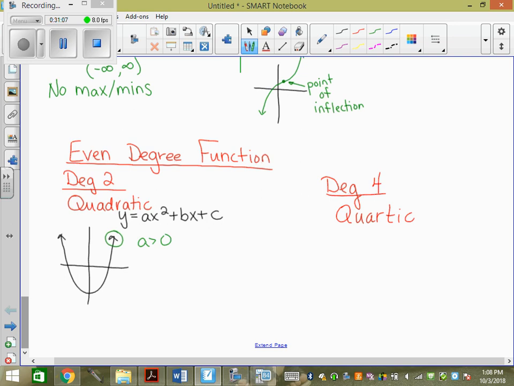What does change, though? Because it's even, it's up on the right, which is the same, but now it's also up on the left. Even degree functions end in the same direction. So odd degree functions, your arrows are in opposite directions, correct? Even degree functions end in the same direction. So if it's up on the right, it's going to be up on the left as well.